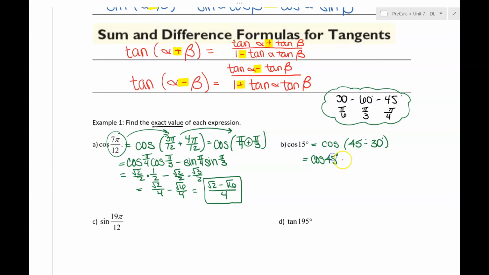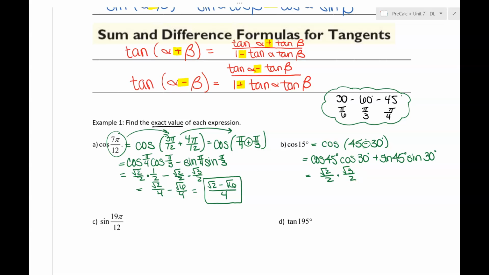So cosine of 45 times the cosine of 30 plus, because it changes, the sine of 45 times the sine of 30. All right, so then we get rad 2 over 2 for the cosine of 45 times cosine of 30, we're in the first quadrant, is rad 3 over 2.